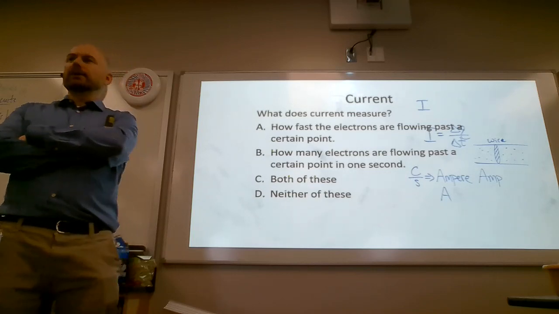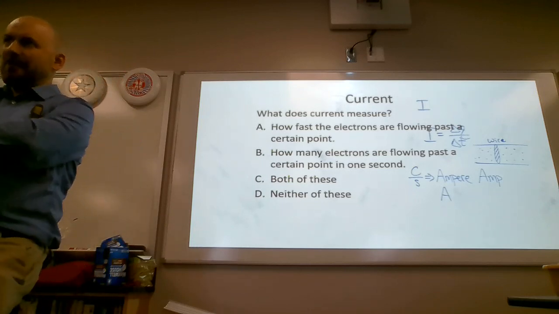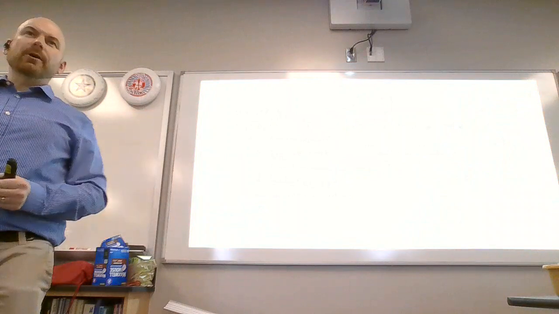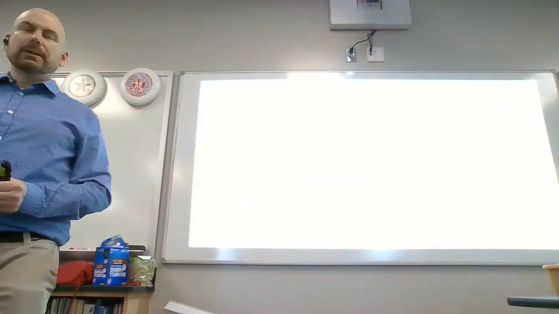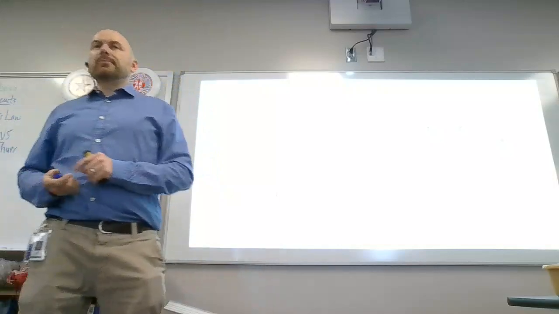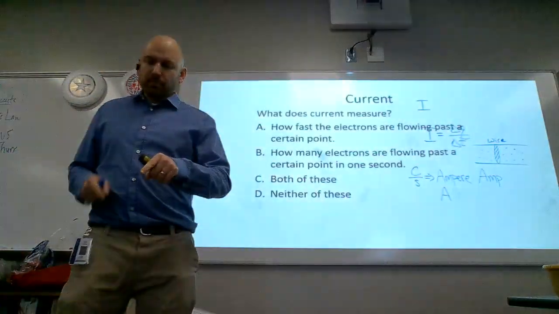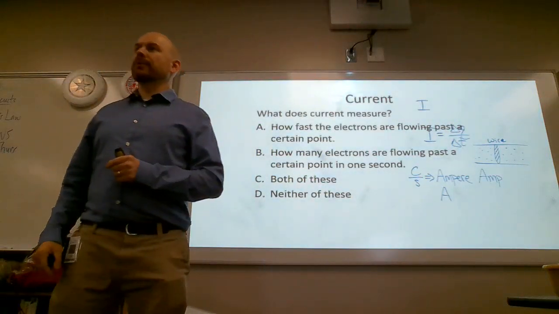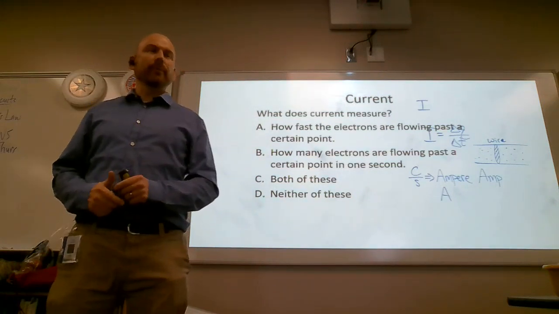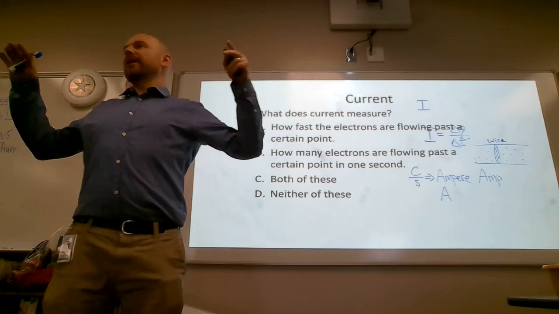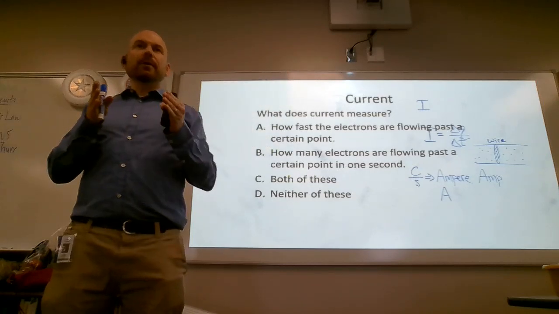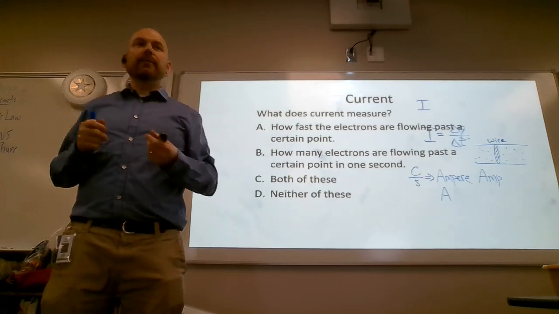Correct answer is yes. It is possible fast and slow moving cars can have potentially the same current. If fast moving cars are spread apart versus slow moving cars are closer together, you can have the same current.